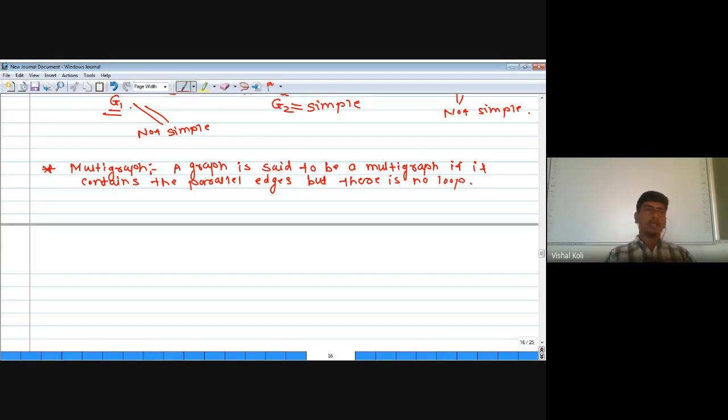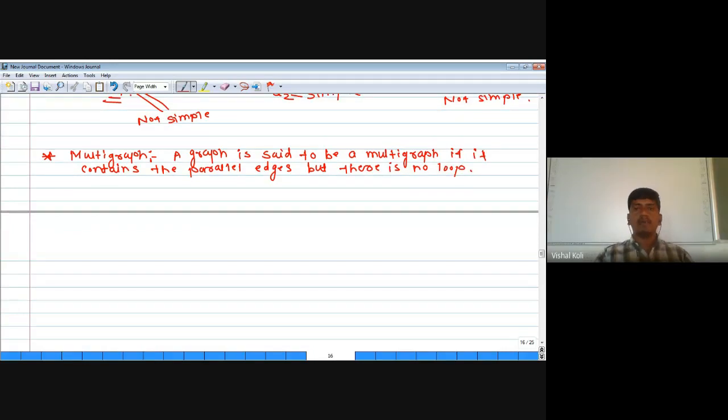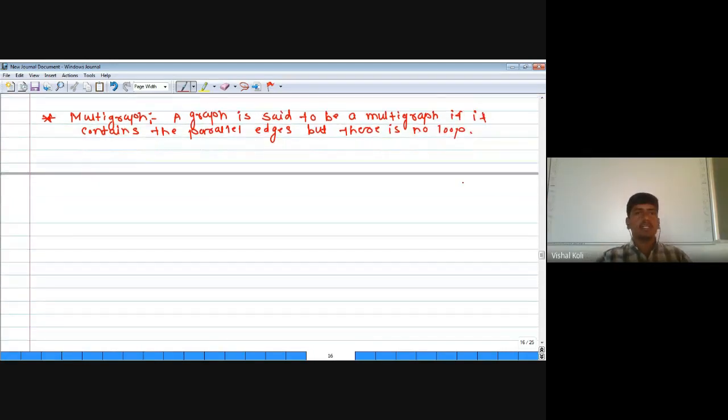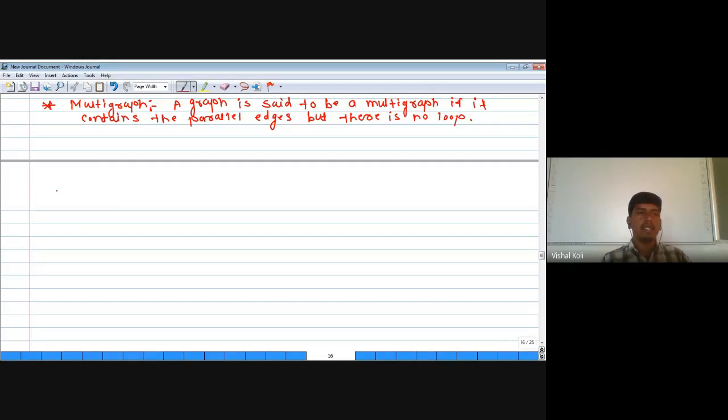So any graph G will be a multigraph if it contains parallel edges but there is no loop in graph G, then the corresponding graph is said to be a multigraph.